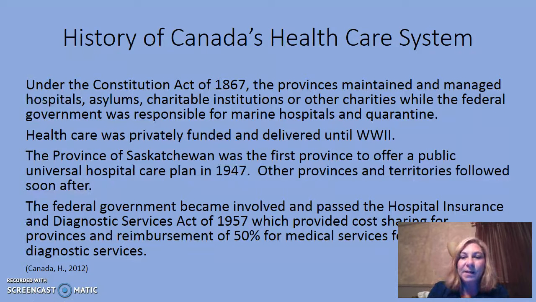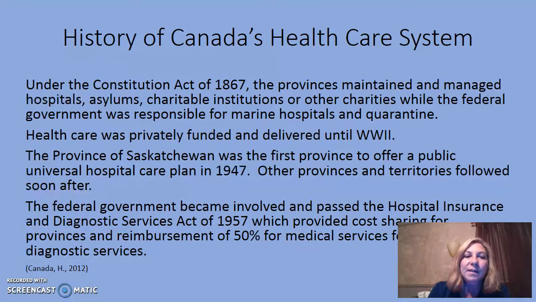The next part of the presentation is going to focus on the history of Canada's healthcare system. Under the Constitution Act of 1867, the provinces maintained and managed hospitals, asylums, charitable institutions, and other charities, while the federal government was responsible for marine hospitals and quarantine.